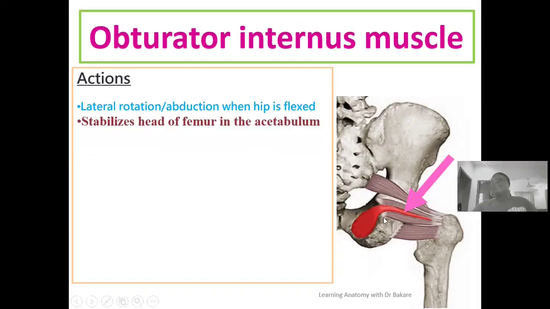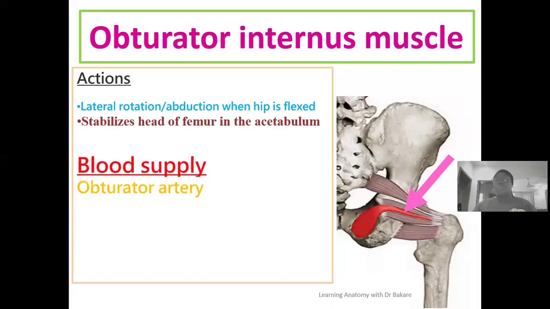If you look at how the fibers of the obturator internus muscle emerge and the path that they run and finally insert on the greater trochanter of the femur, they create a common tendon around the space with the superior and the inferior gemelli muscles. It runs over the hip joint, and within the hip joint here, we have the head of the femur fixed into the acetabulum. So it's helping to stabilize the head of the femur within the acetabulum.